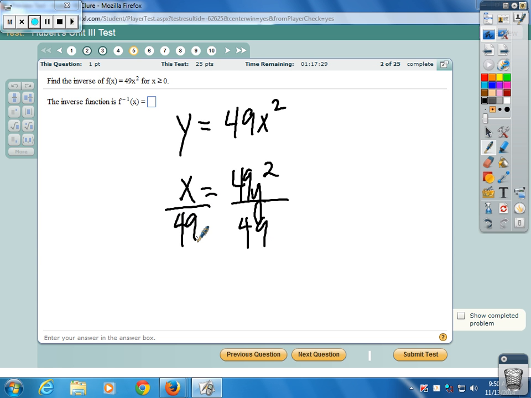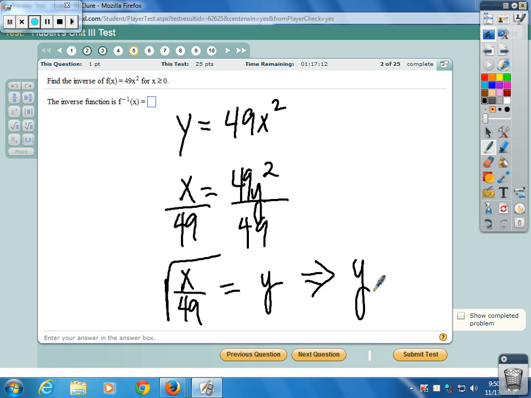And take the square root on both sides. So square root of x over 49 is equal to y, and square root of x is square root of x. But what's the square root of 49? So y is equal to the square root of x over 7, or 1/7 square root of x.